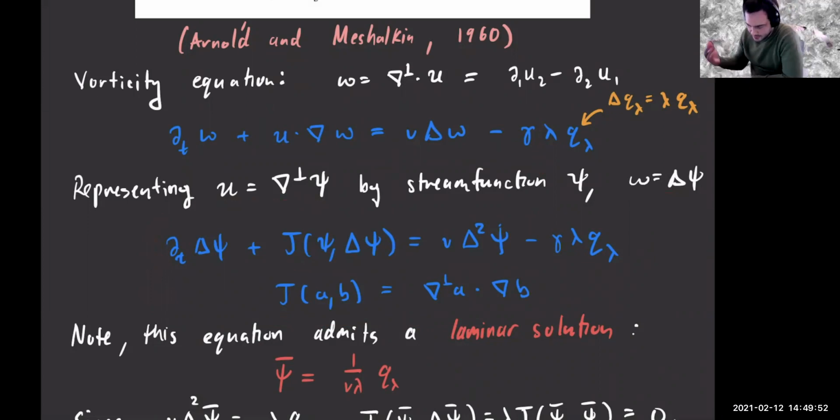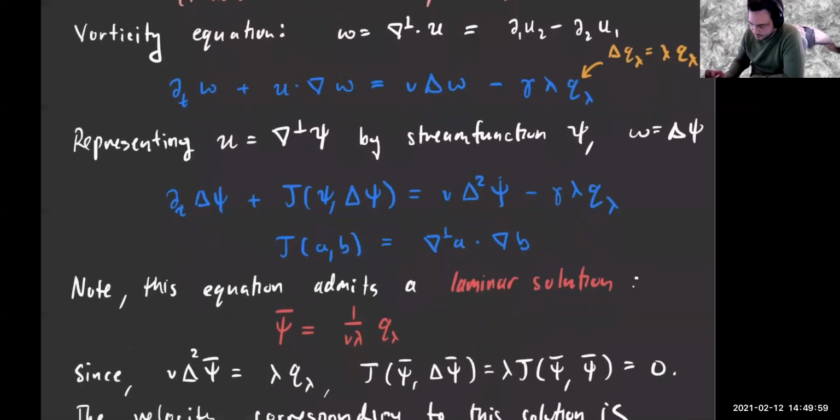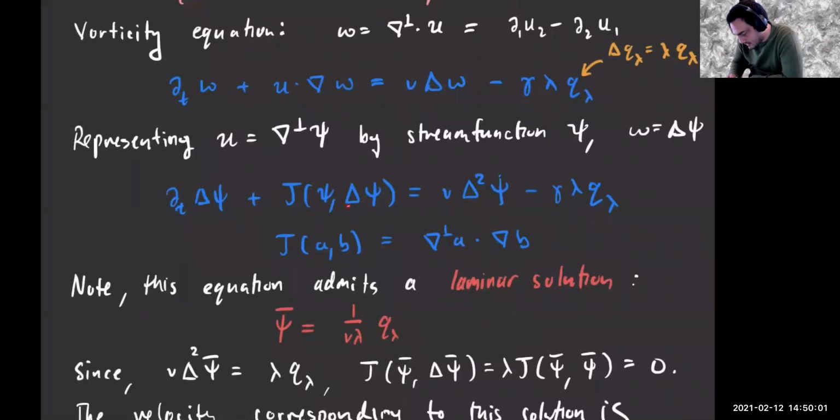And immediately we can identify a stationary solution. So in particular, if we take a stream function which is an eigenfunction of the Laplacian, so that this is actually proportional to lambda psi, then the Poisson bracket between psi and itself is 0, because it's grad perp dot grad of the same thing, so it's 0. So any eigenfunction of the Laplacian annihilates the nonlinearity.